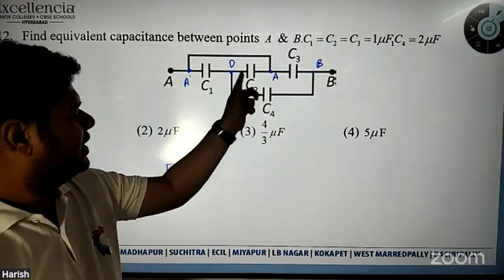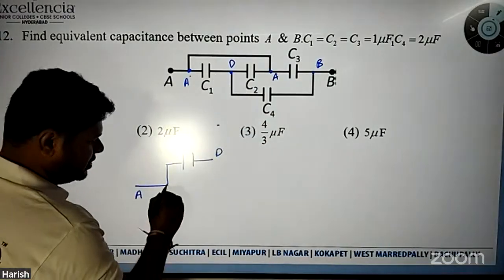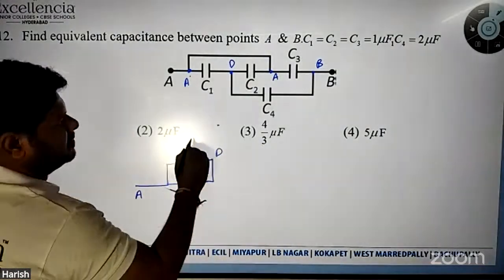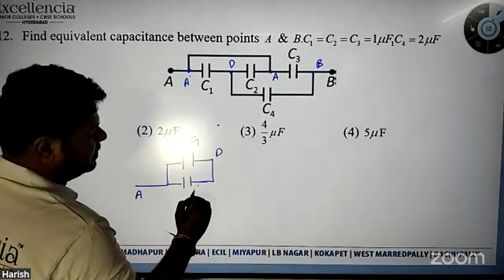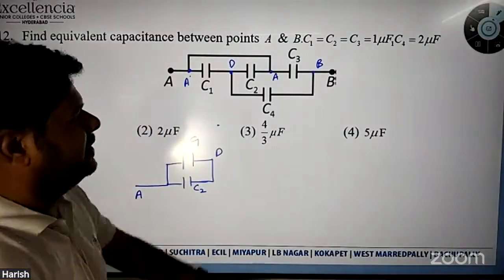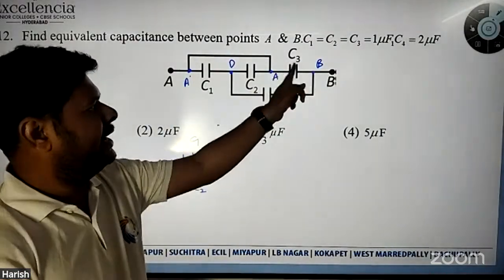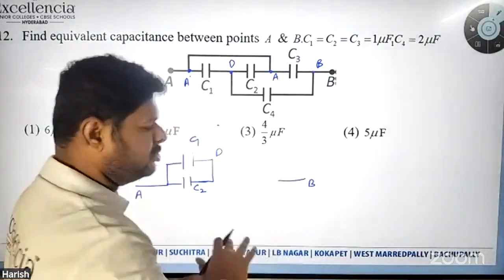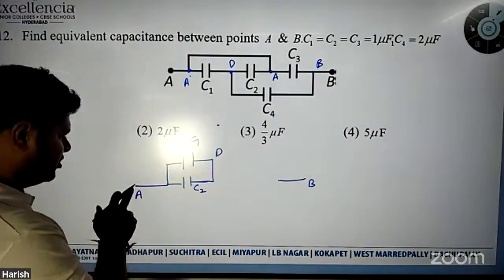C2 is also across AD. So take one more capacitor. This is C1 and this is C2. If you look at C3, it is across A and B. That I'll take here. You should redraw the circuit across A and B. So first fix A and B.